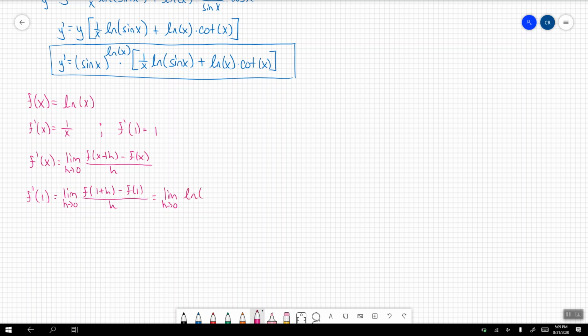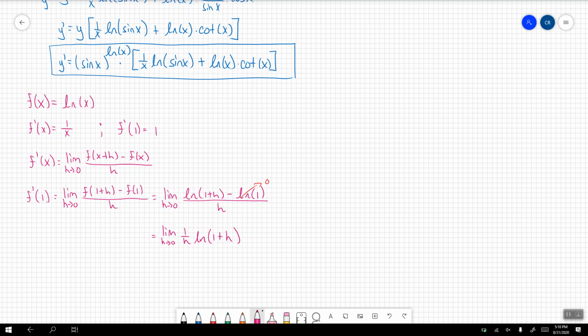So the first one is natural log of 1 plus h minus the second function, which is just the natural log of 1, all divided by h. Natural log of 1 is just 0, which means this turns into the limit as h is approaching 0 for 1 over h times the natural log of 1 plus h.